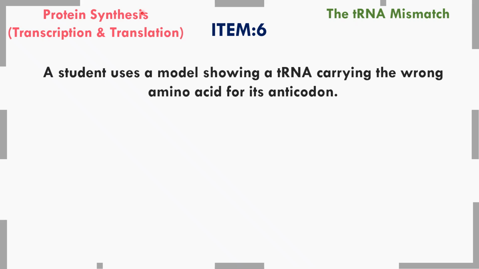Still under protein synthesis, transcription and translation, we are going to emphasize transfer RNA mismatch. Item 6. A student uses a model showing a transfer RNA carrying a wrong amino acid for its anticodon.